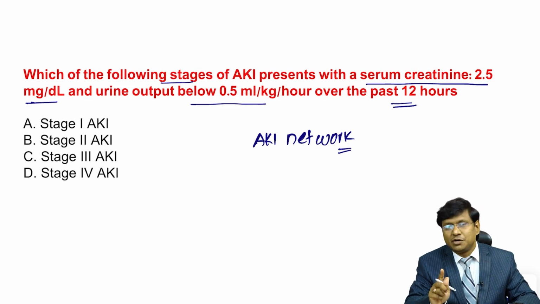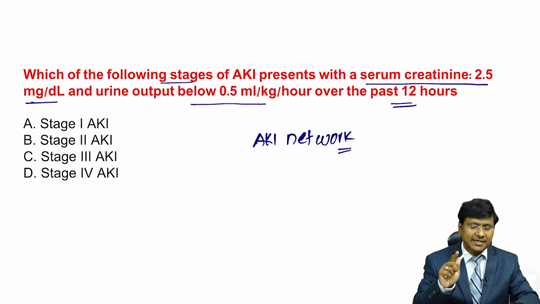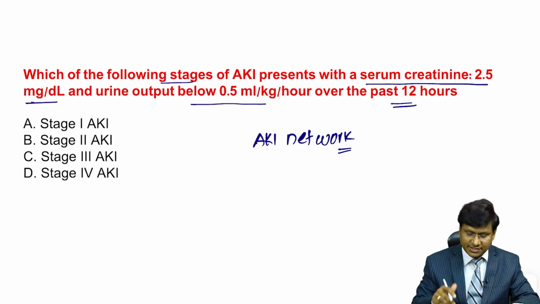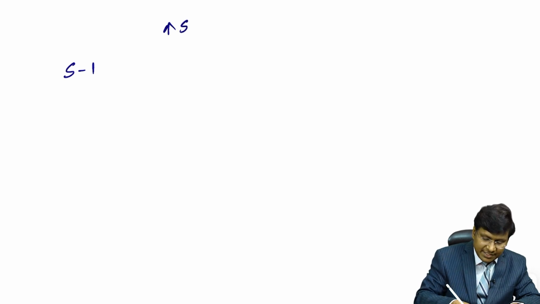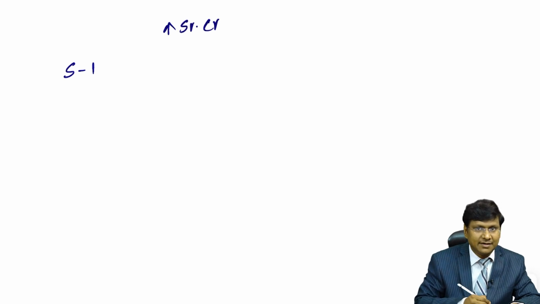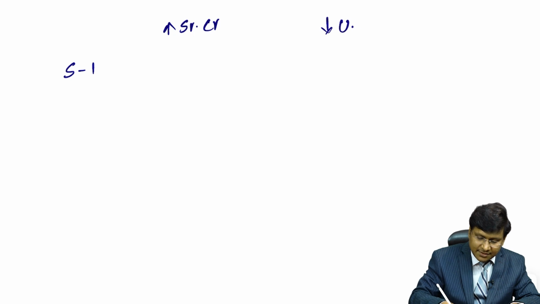This has given the staging of acute kidney injury, but it has divided it into only 3 stages, that is stage 1, stage 2 and stage 3. The stages are divided based on the increase in serum creatinine and the decrease in urine output.